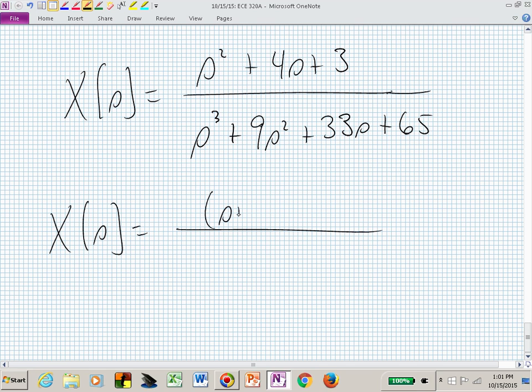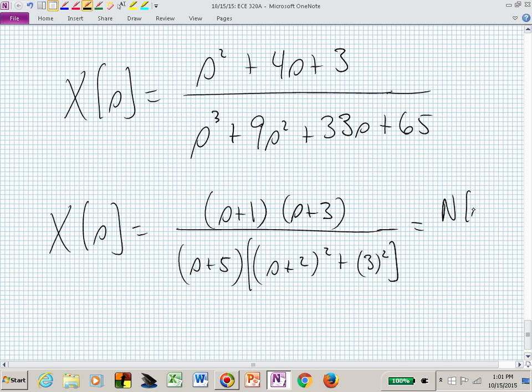And the numerator factors, as does the denominator. We can factor out a 5, and then we're left with a quadratic of s plus 2 squared plus 3 squared.